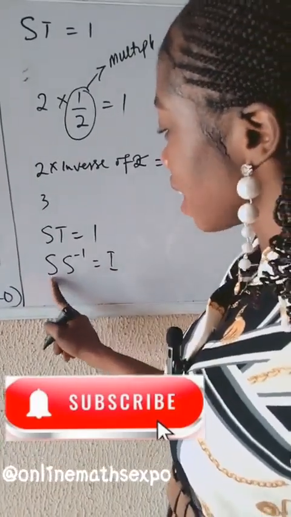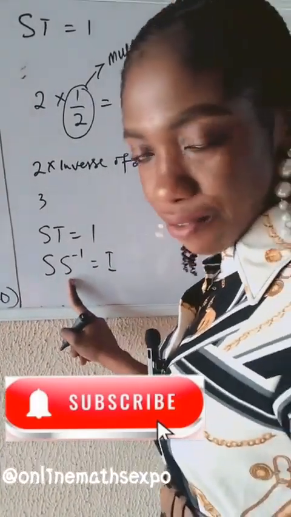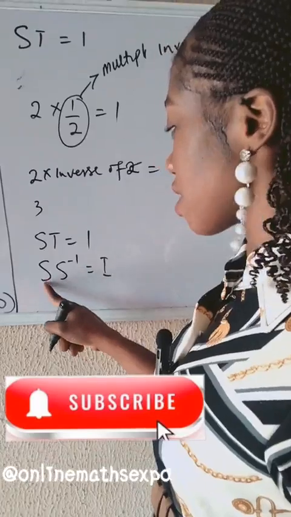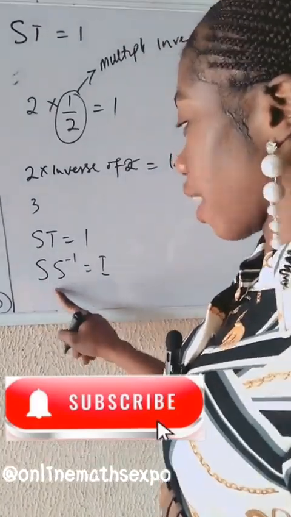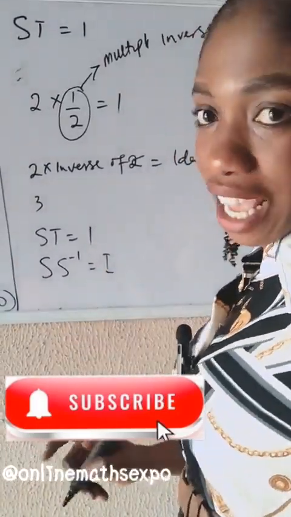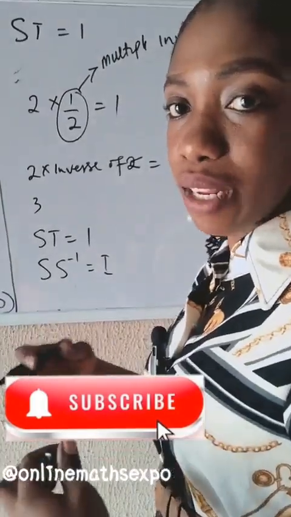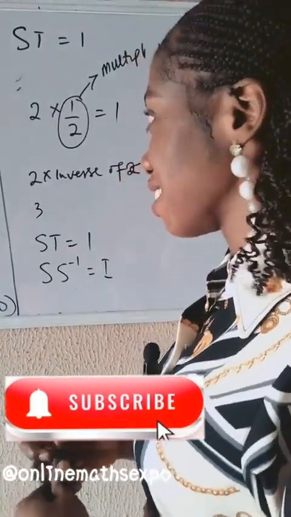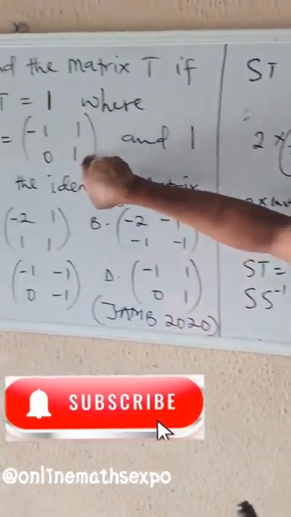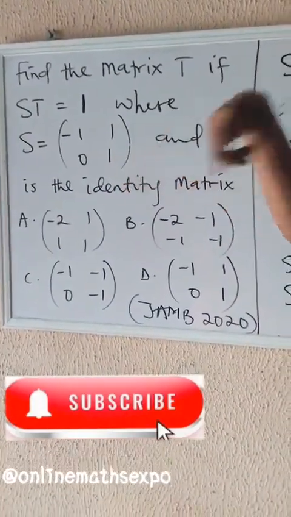So if we are given S, we are going to find S inverse. It is the S inverse of this S that when you multiply it together with S will give us identity. So what this question invariably is asking us is to find the inverse of this particular matrix, S. I hope it's clear.